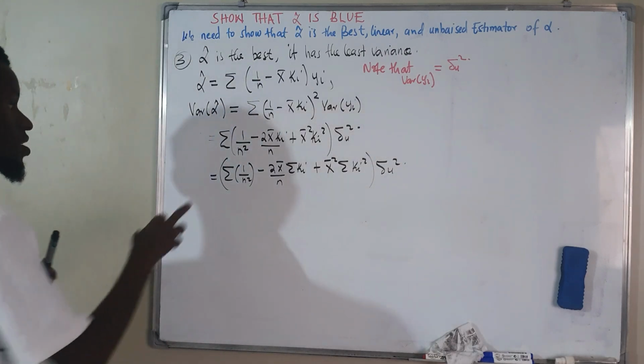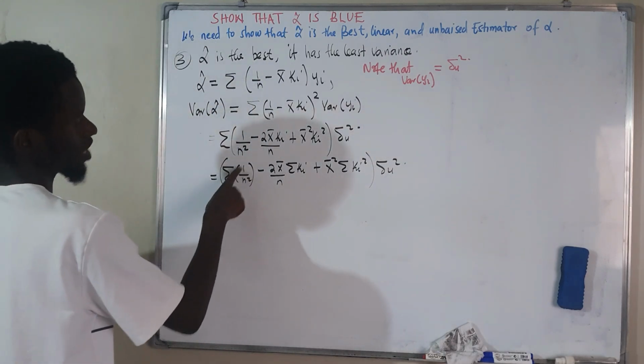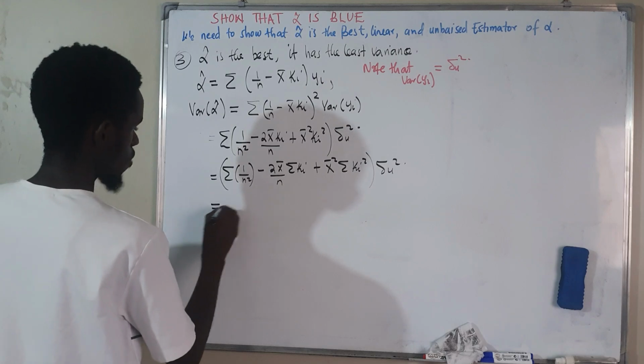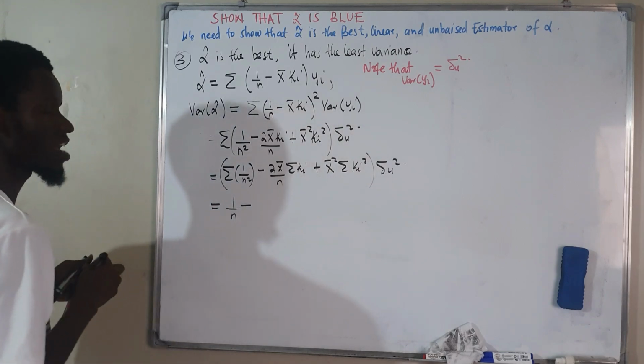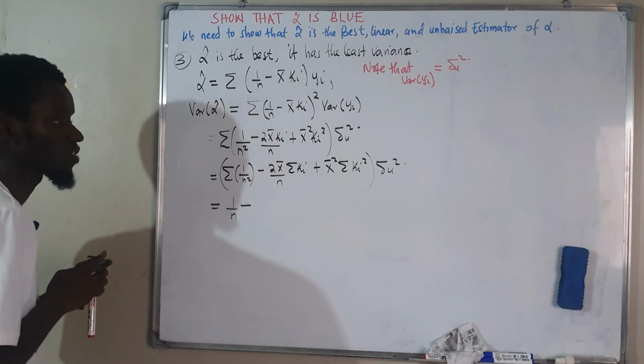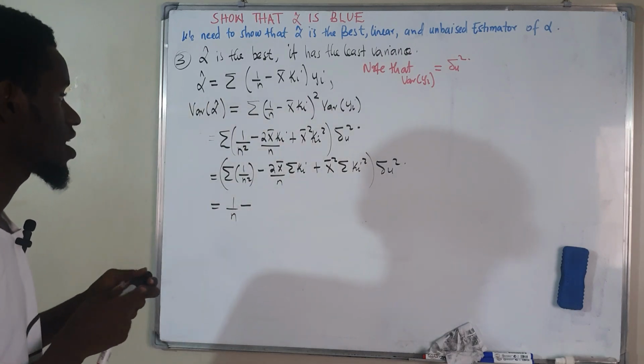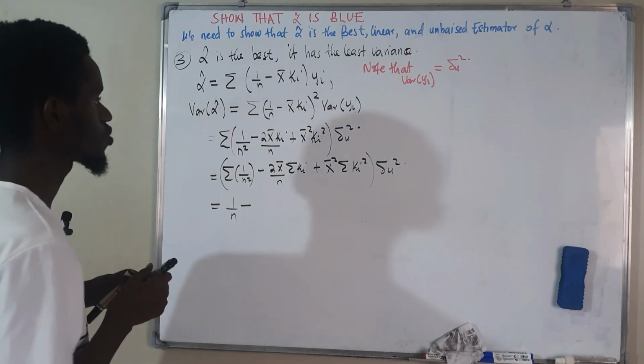If I'm summating a constant, I just multiply n times this thing. Therefore, I have 1 over n, now minus, but the summation of ki is what? The summation of ki, we are saying it is what?